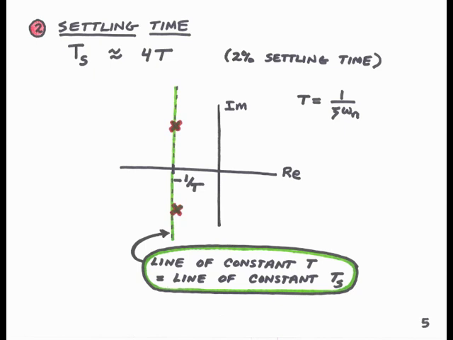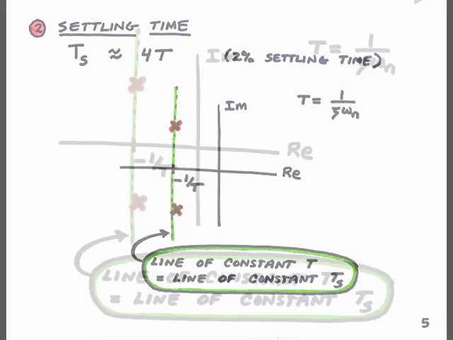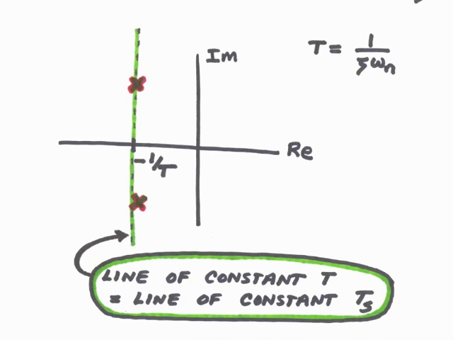If you recall, the real part of a pair of complex conjugate poles in the complex plane is given as minus zeta omega n. So that tells us that the real part of our poles will be equal to minus 1 over capital T. That is, vertical lines in the complex plane are lines of constant capital T, time constant, and therefore are lines of constant settling time.